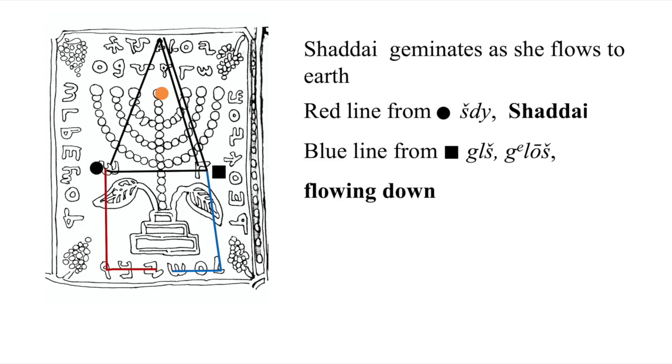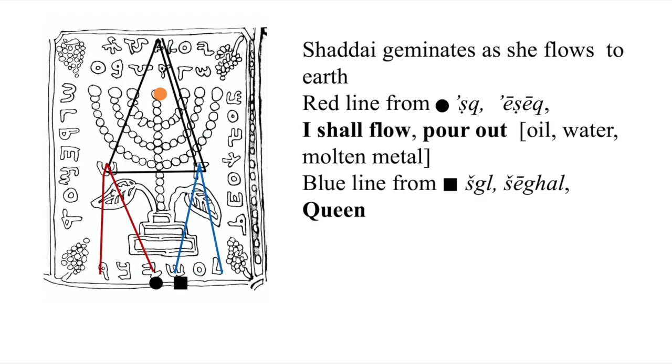And then, using the same triangle of letters, Shaddai geminates as she flows to the earth. The red line here, starting from the black circle, says, I shall flow or pour out. And the blue line says queen again.